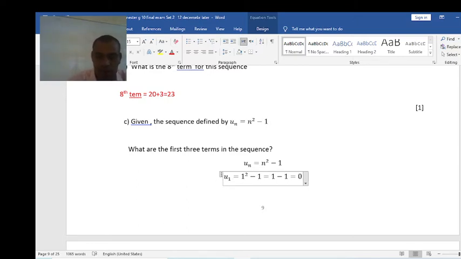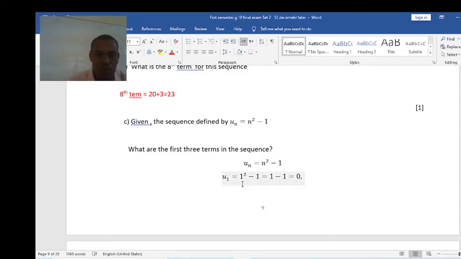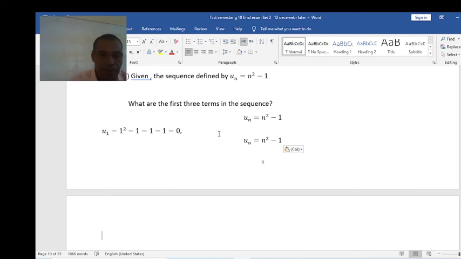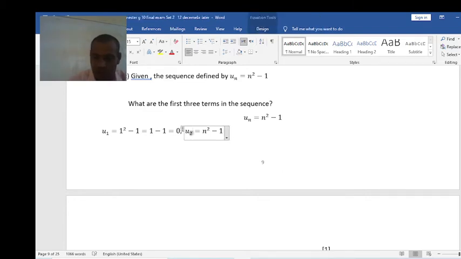For the second one, u2, the second term. Instead of writing n, I will write 2.